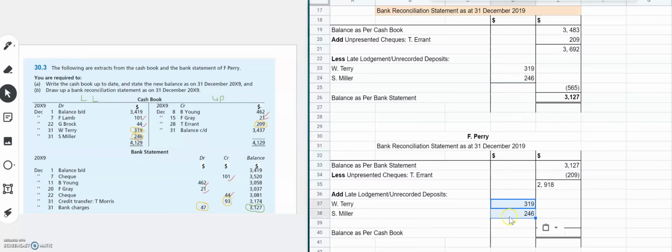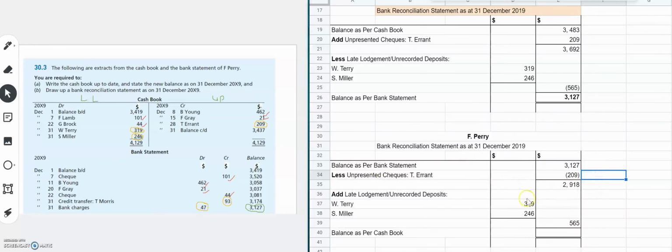our two late lodgements. This would have given us 565. Right. So we subtracted our unpresented checks, and it says add late lodgements.